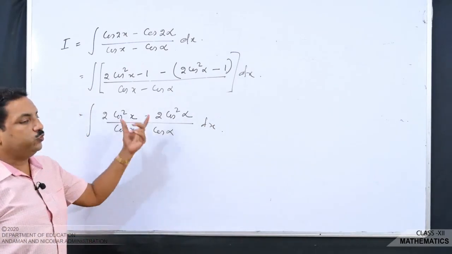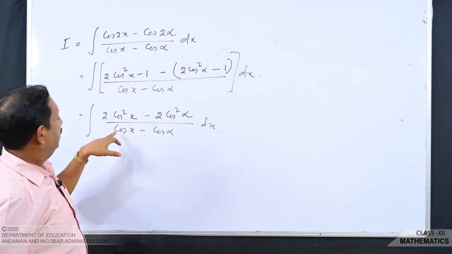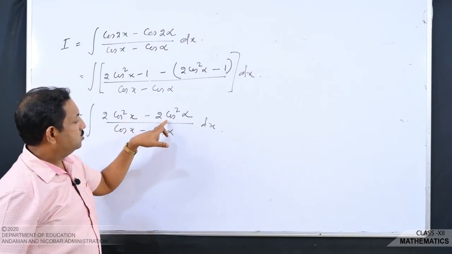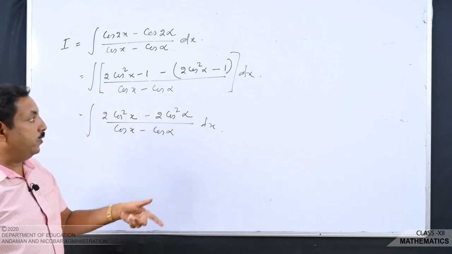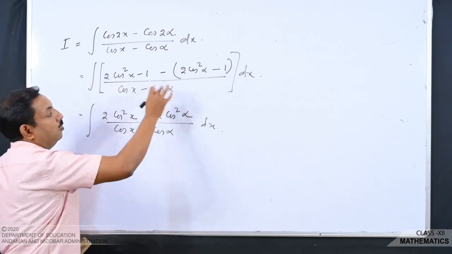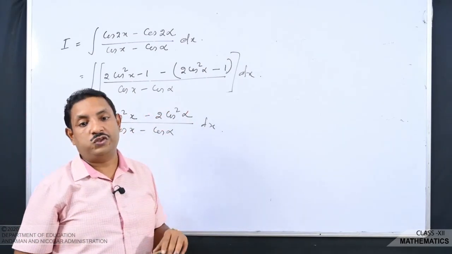See, by using this cos 2x formula, I want to convert the numerator in this form. Why? Because so that I can cancel it out.